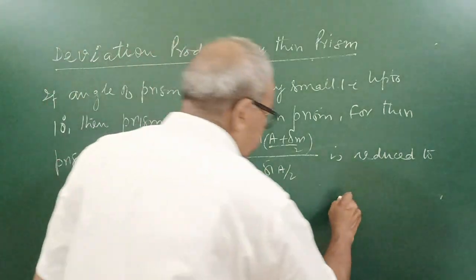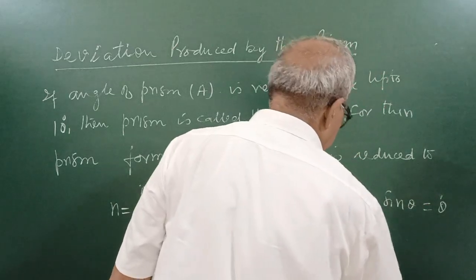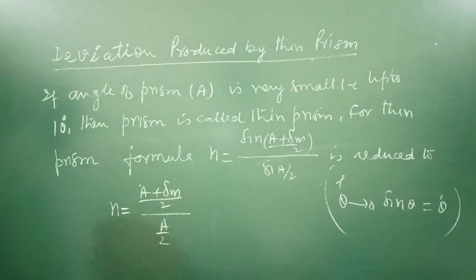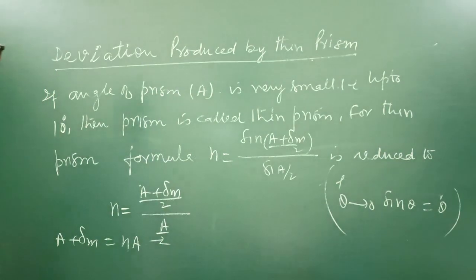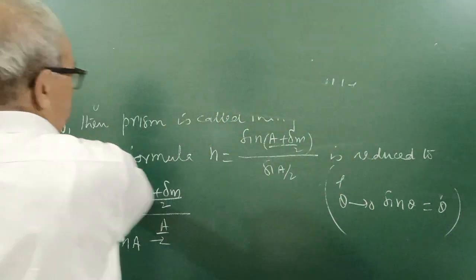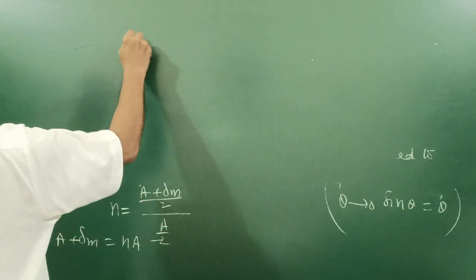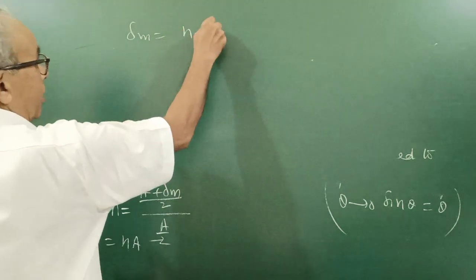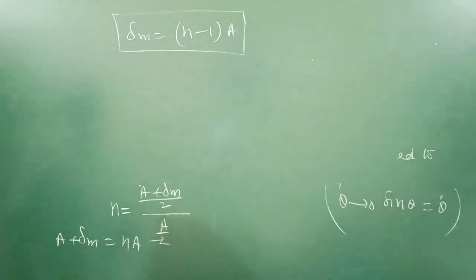It is because if theta tends to 0, sin theta equal to theta. Here 2 cancels. So A plus delta m equals nA. What is n here? Refractive index. So delta m equals (n minus 1) into A. So delta m is the deviation produced by the prism.